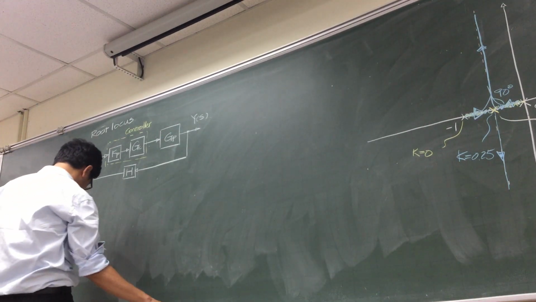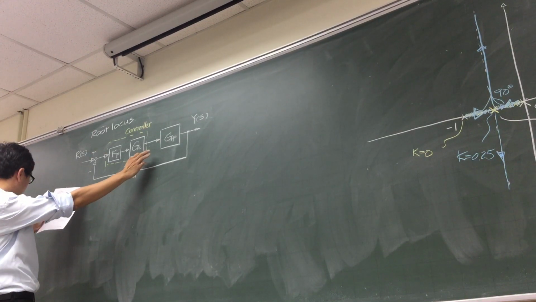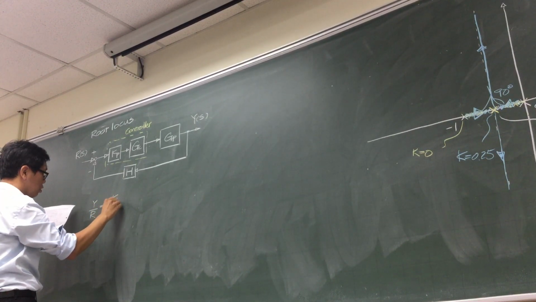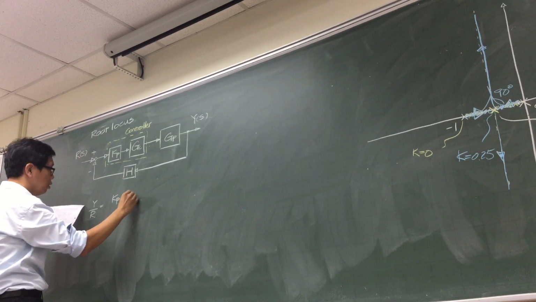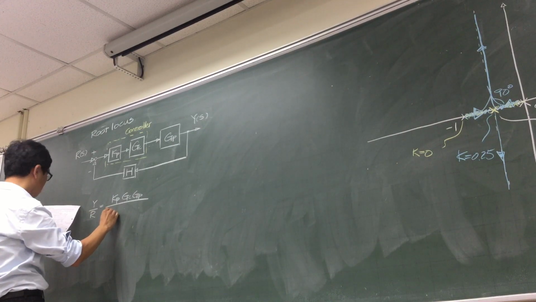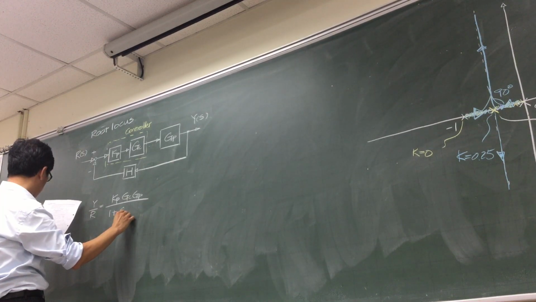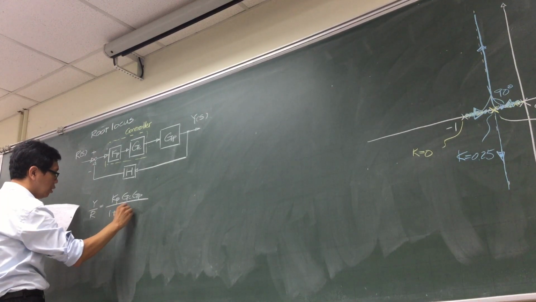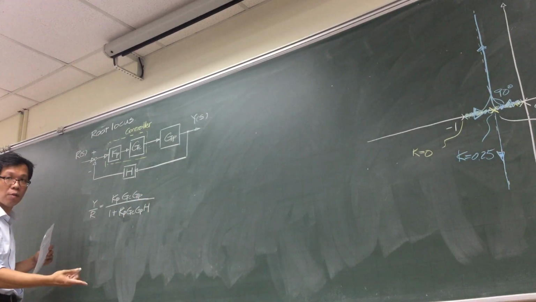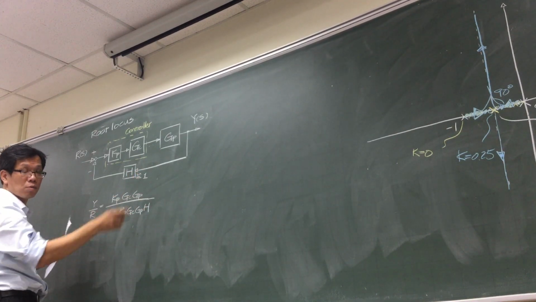So in other words, I know my closed loop transfer function in this case is going to be Kp Gc Gp over 1 plus Kp Gc Gp H. Normally, when we are dealing with H, this one is close to 1, so this one is just 1.